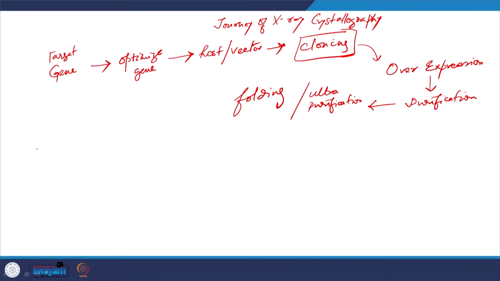Now, when we have protein, we go for crystallization. As discussed, crystallization is the check line. If you do everything perfectly, still you can have a problem with crystallization, and we have spent a lot of time looking at how to crystallize and what the factors affecting crystallization are.